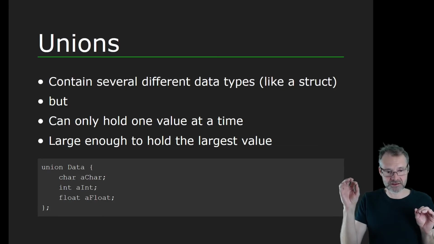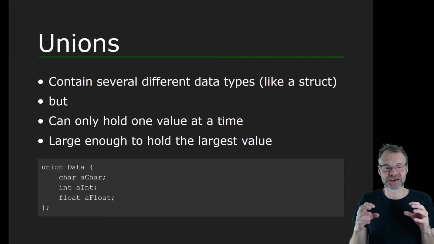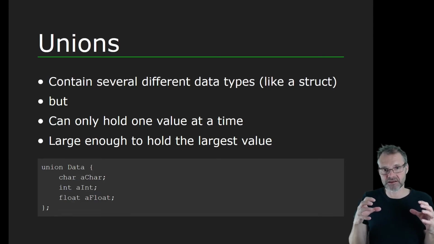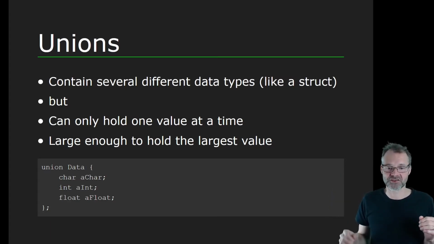I can assign all three of them, but it will be the latest assigned that is actually keeping its value there. So union is allocating memory for this data structure, and it's allocating the most bytes needed. That many bytes for the largest data type is allocated for it, but it can only hold one value at a time.